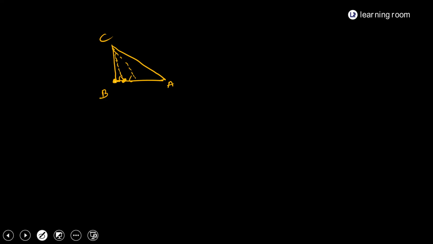As angle A gets larger and larger, angle C gets smaller and smaller, because angle B is not changing.